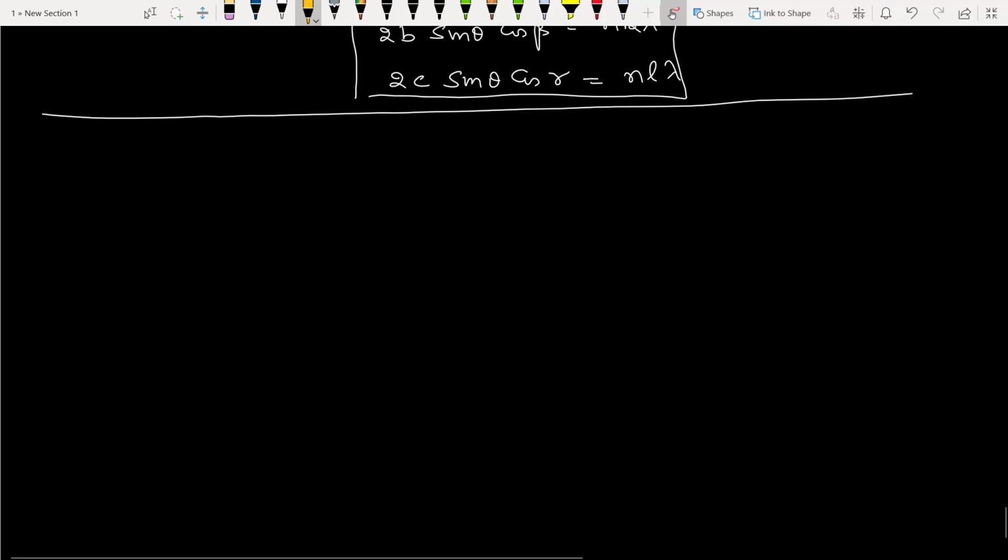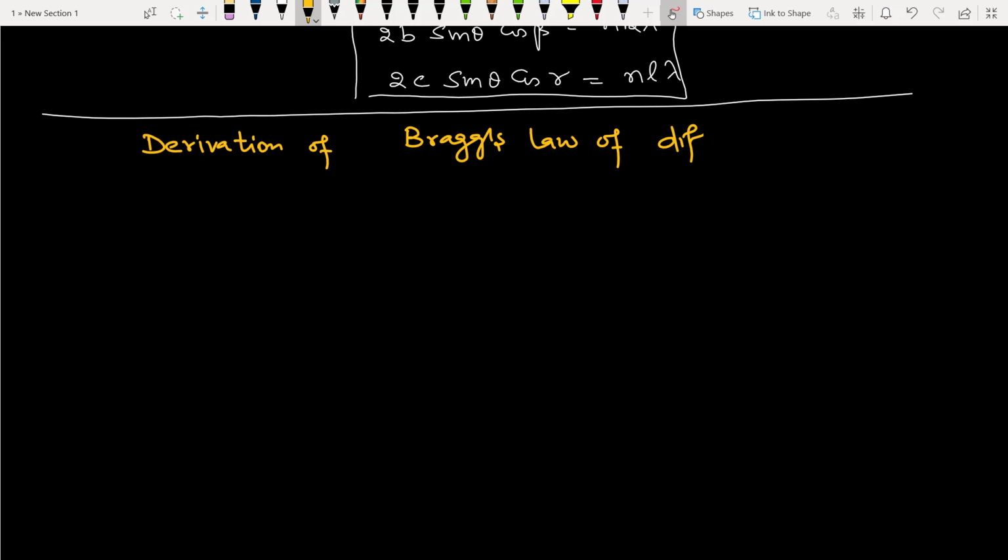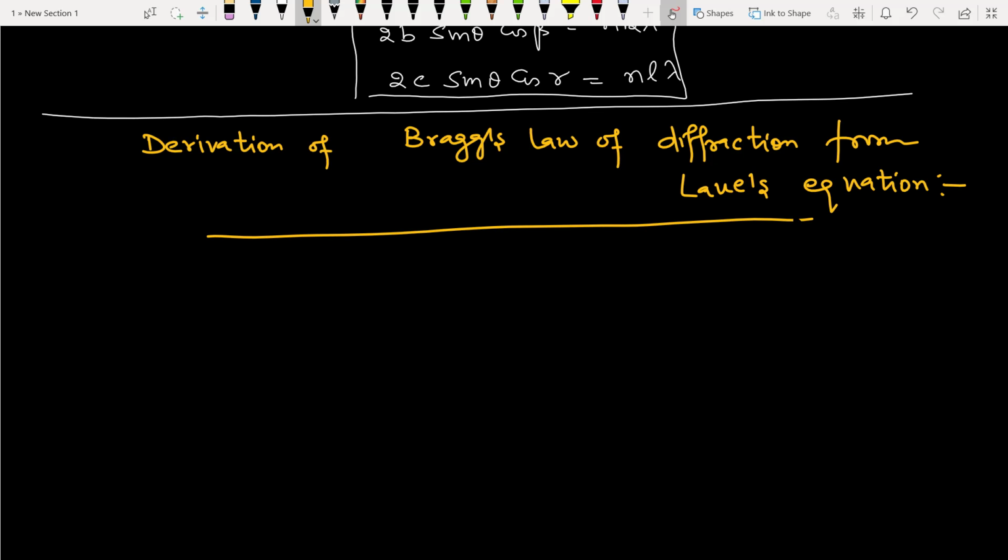Next part is the derivation of Bragg's law of diffraction from Laue equations.